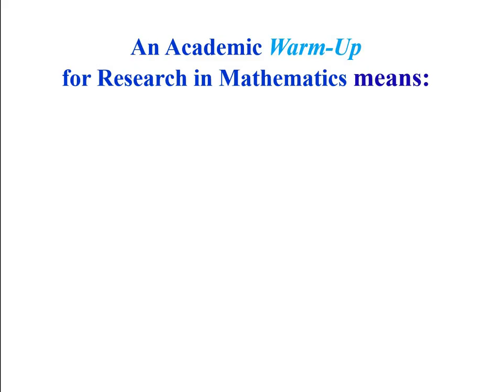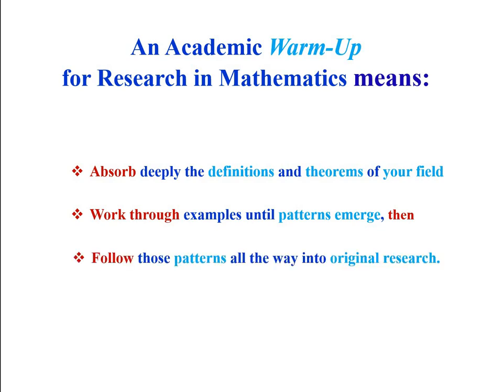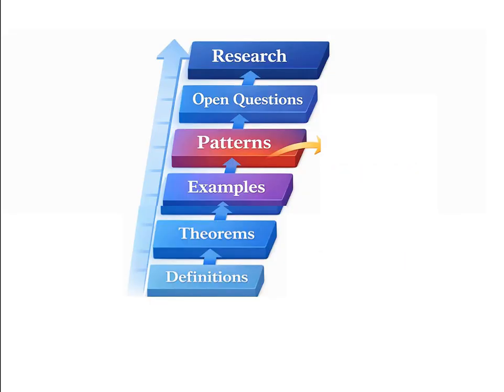An academic warm-up for research in mathematics means the process of absorbing deeply the definitions and theorems of your field and working through examples until patterns emerge, and then following those patterns all the way into original research.